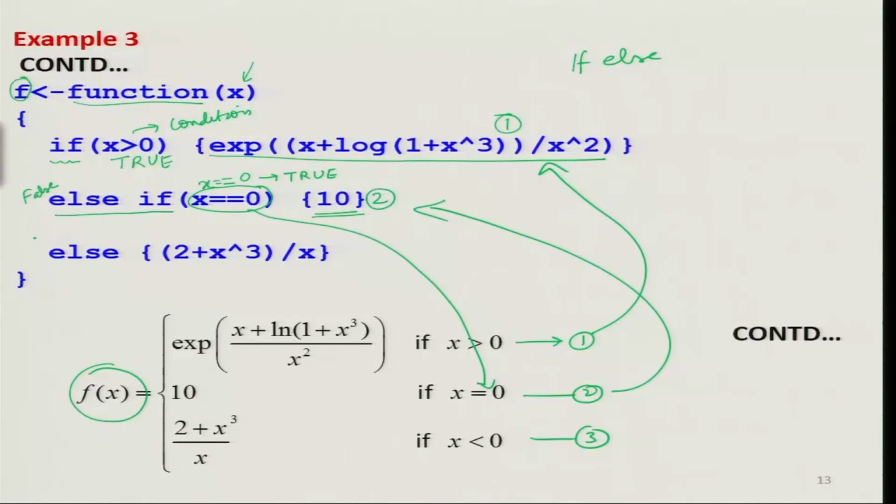And suppose this condition is false, then the control comes to the last statement, which is only else, because this is the last statement.